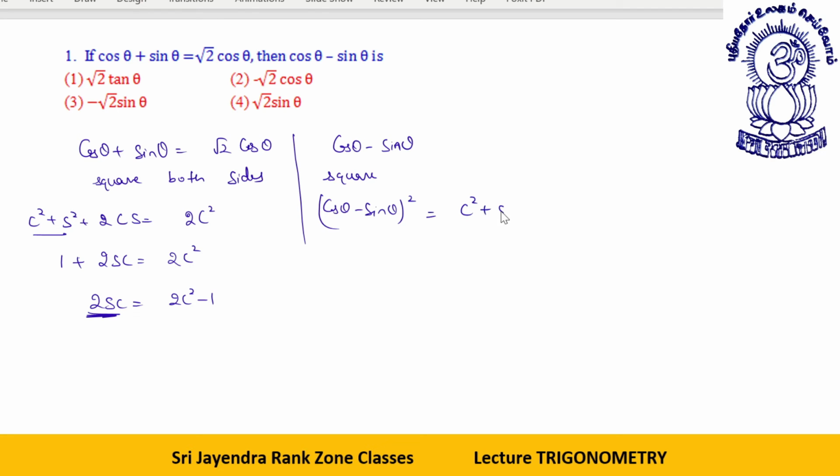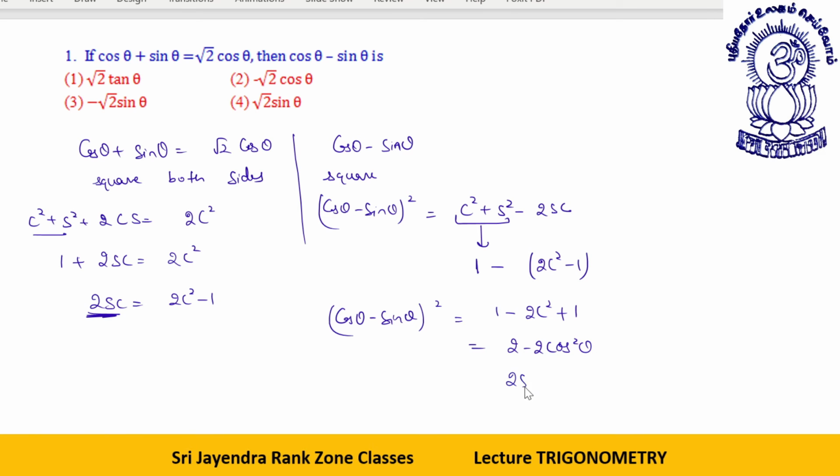That will be equal to cos square plus sine square minus 2 sine cos, or I can say this, I will write as 1 minus 2 sine cos. The value of 1 minus 2 sine cos is precisely 2 cos square minus 1. So I get (cos theta minus sine theta) square is equal to 1 minus (2 cos square minus 1), which is equal to 2 minus 2 cos square theta.